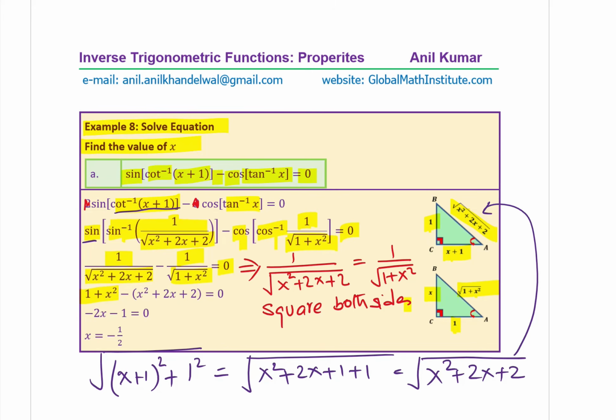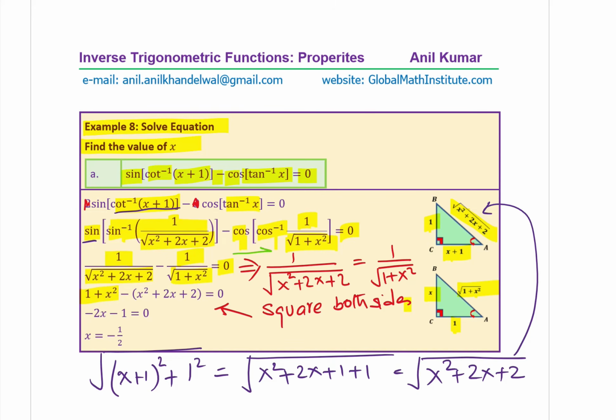Once you square, you can bring them together and simplify as we did here, correct? And then you simplify. So you come to this expression which is 1 plus x squared equals x squared plus 2x plus 2. Correct? You could also multiply each term with the square roots and then later you can square. But this is better.